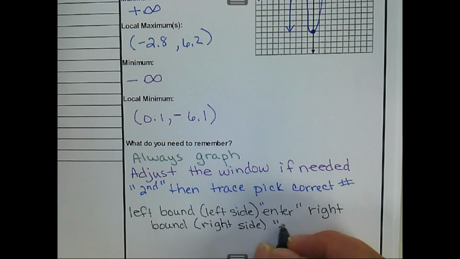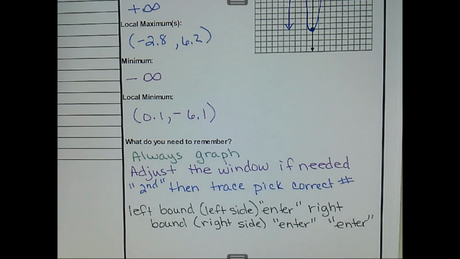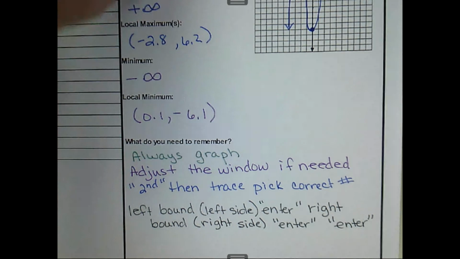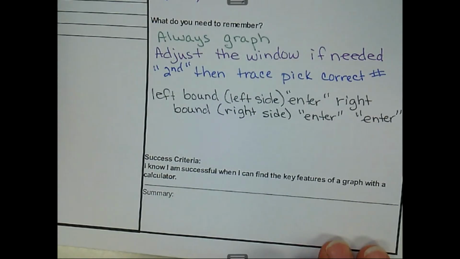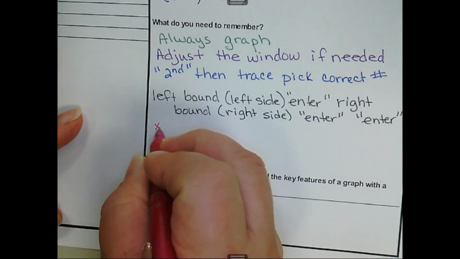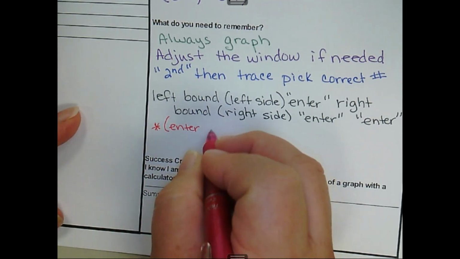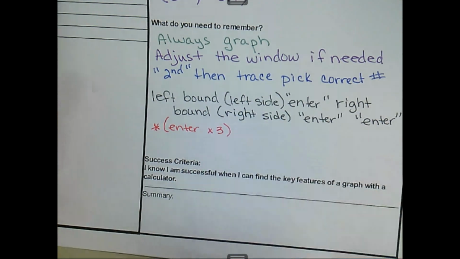Enter again. And do a third enter, and you've got the correct point then. Remember, you hit enter 3 times. So 3 times you have to hit enter.